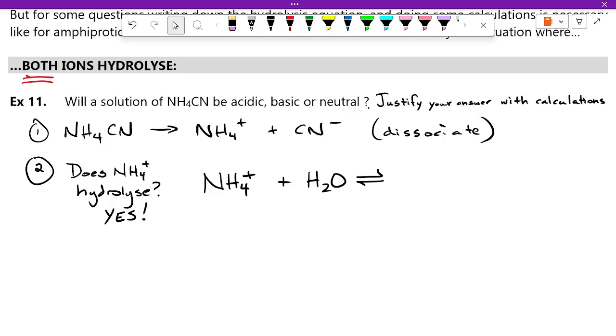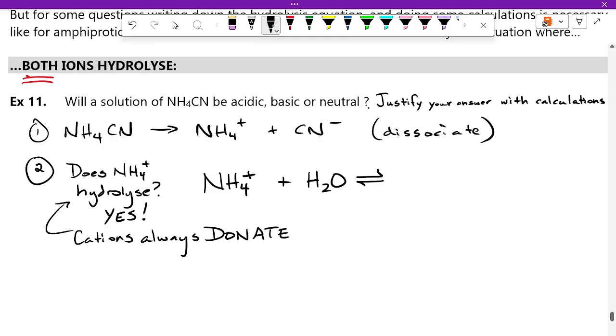Cations always give us an acidic solution. That means that cations are always going to donate protons.